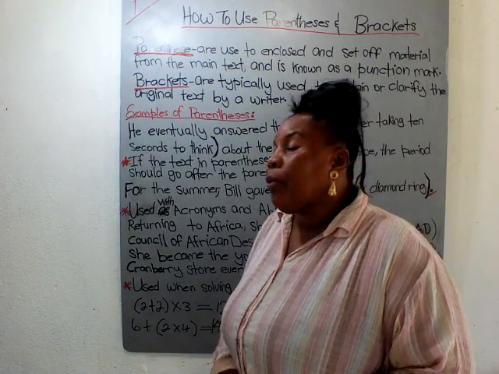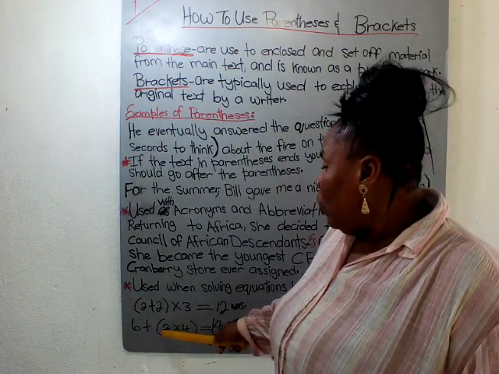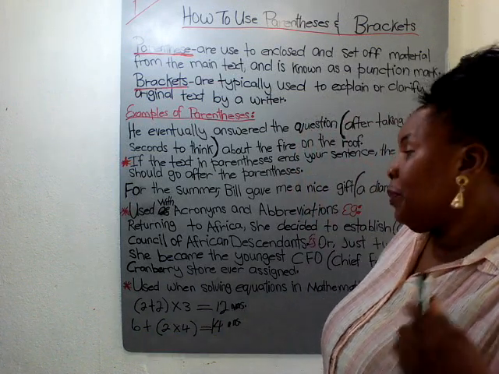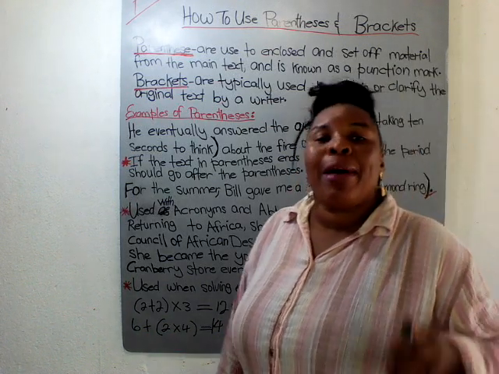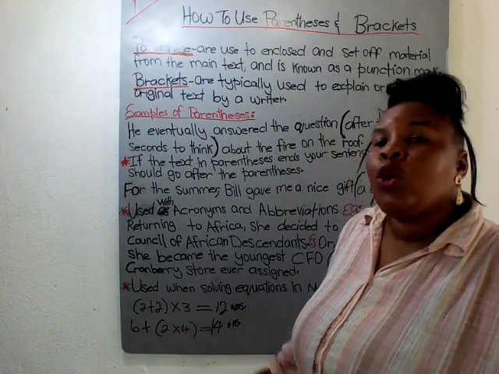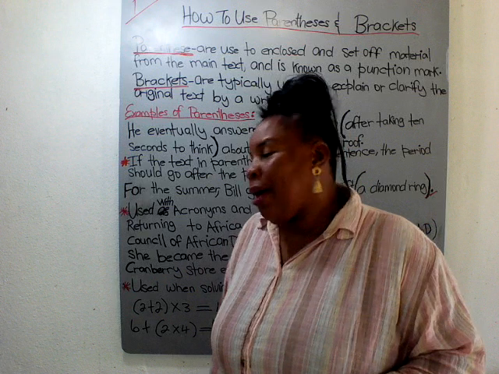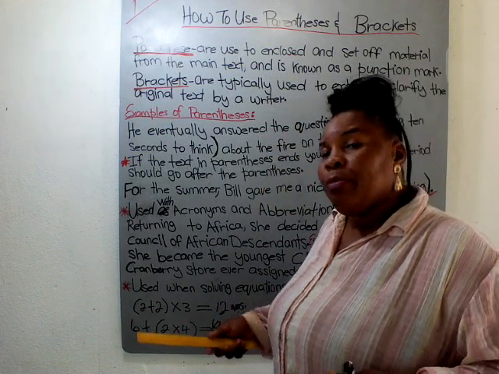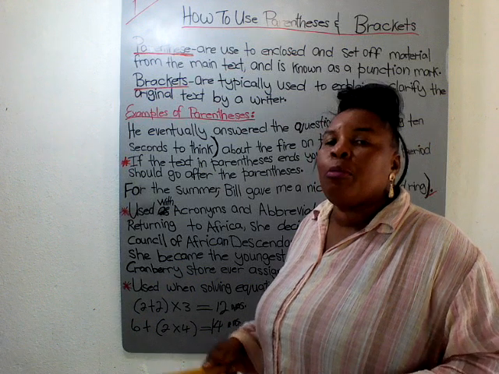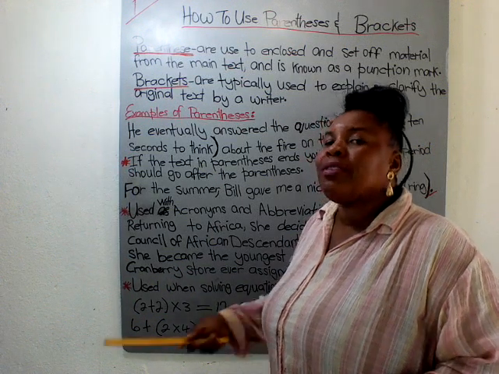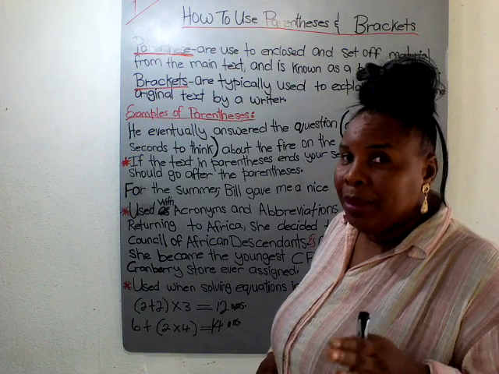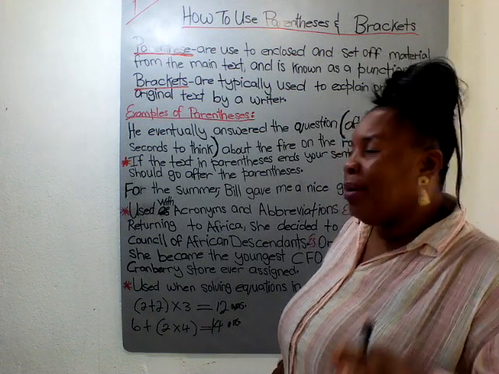In the next scenario, you have 6 plus, and in parentheses, 2 multiplied by 4. As I said before, you would work out whatever is in parentheses first before you continue with solving the problem.